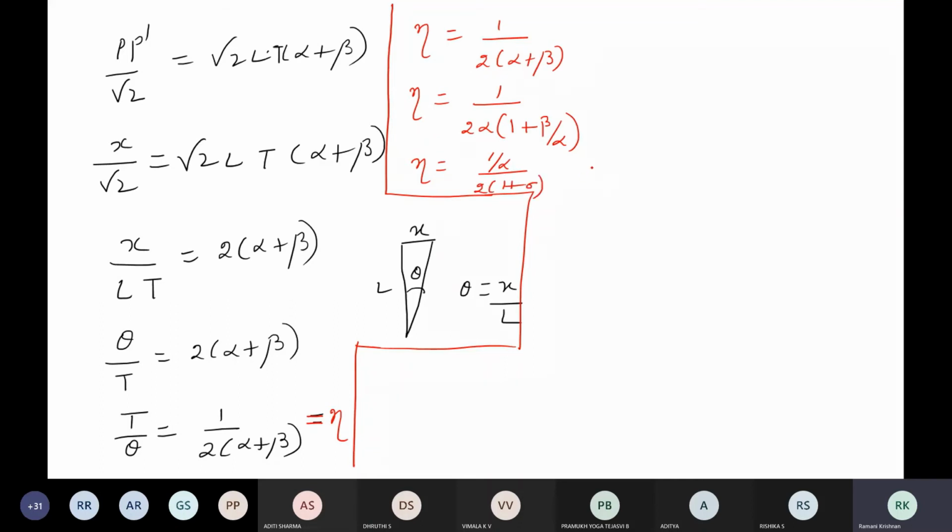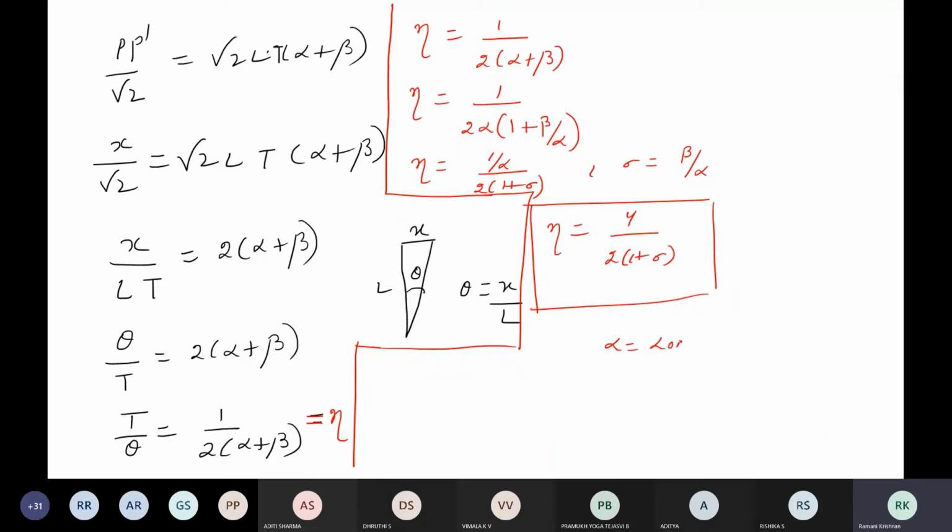Can I write that? Because yesterday I took beta by alpha is equal to what? Poisson's ratio, right? Now what I'll write? So eta is equal to y by 2 into 1 plus sigma. This is the relation. How y came, you tell me? I derived it before also. What is alpha equal to?